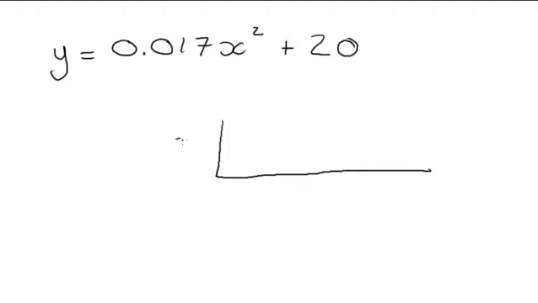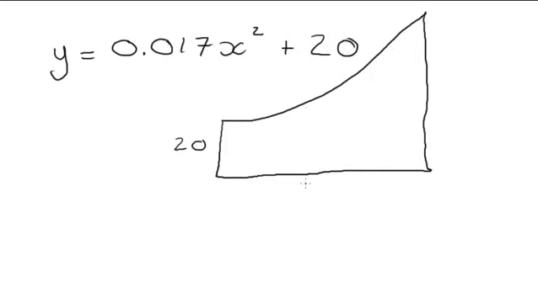That would give you an edge here that would be 20 centimeters high, and the parabola would come out and rise up over here, and this would be the shape that we are making. It's a 30 centimeter radius, so this edge here would be 30 centimeters. Let's put these units in here.